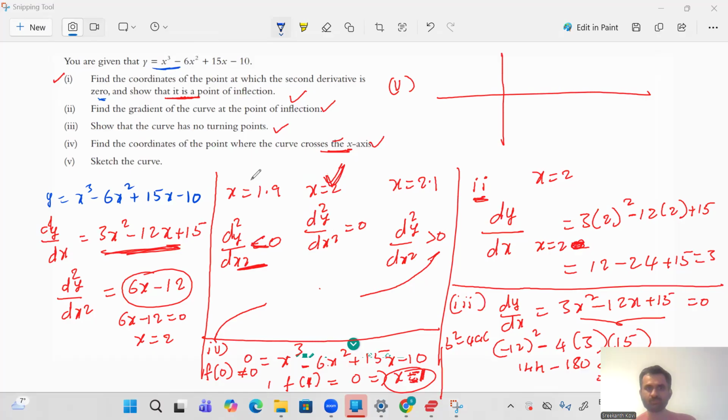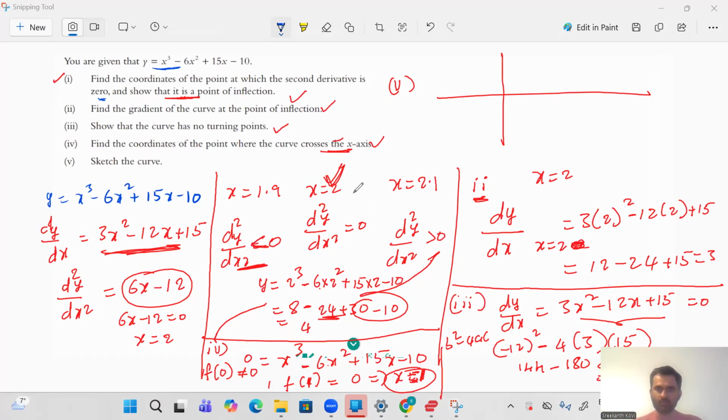When x equals 2, the value of y is equal to 2 cube minus 6 times 2 square plus 15 times 2, minus 10. 8 minus 24 plus 30, minus 10, which is equal to 4. The y value is 4. The point is 2 comma 4. At 2 comma 4, there is a point of inflection.